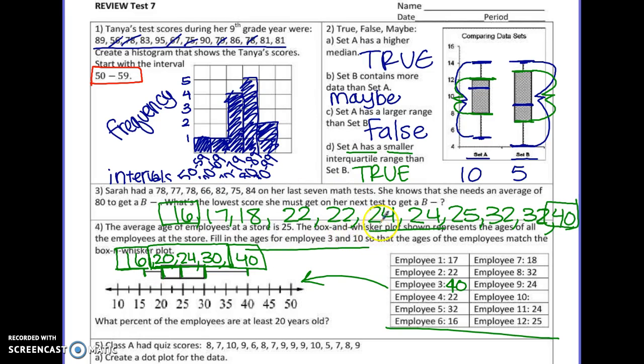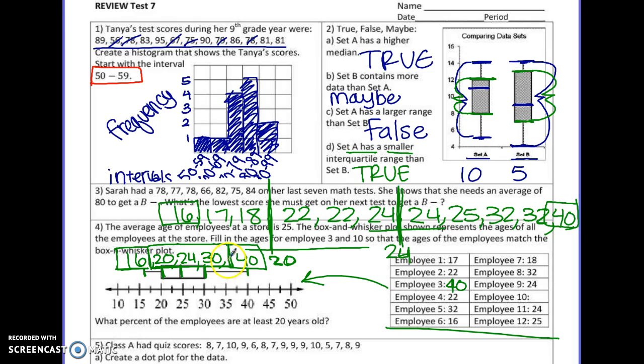If I'm looking at these numbers over here, the number 20 would be in between 18 and 22. And then I would have 3 numbers here, and 3 numbers here. So it looks like the middle is in between 24 and 24. So we got the middle number there, 24.